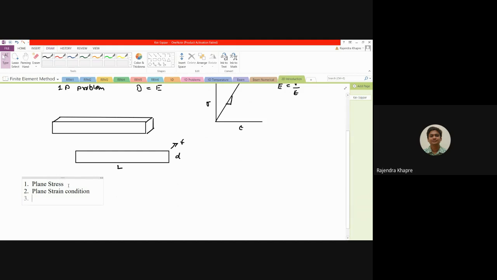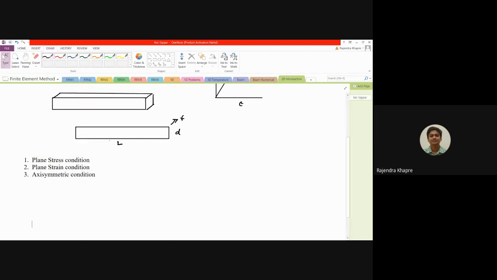And thirdly, we can have axisymmetric condition. So there are three different types of problems, or the given problem can be categorized as either a plane stress problem, or a plane strain problem, or maybe an axisymmetric problem.